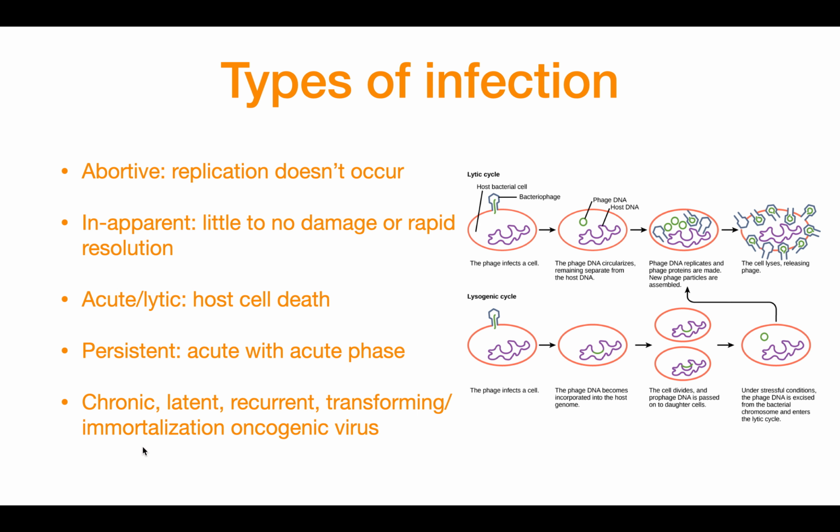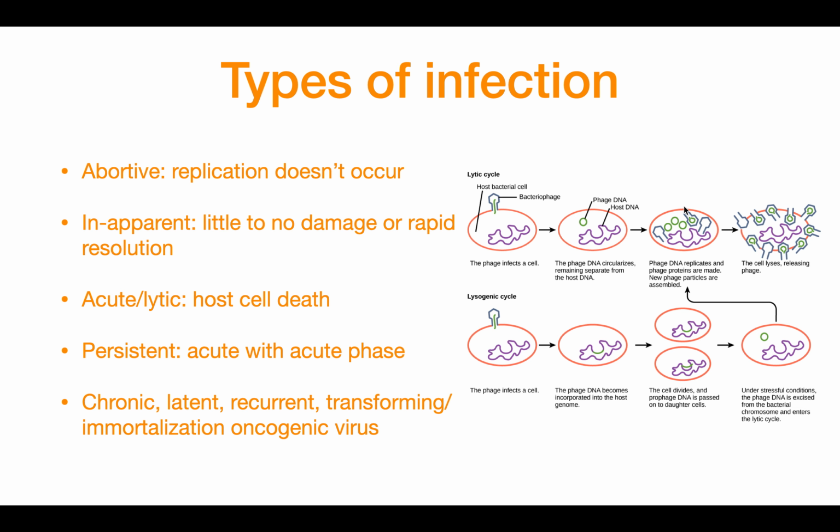or immortalization, oncogenic viruses. So in the lytic cycle, the bacteriophage, the virus, is going to infect a bacterial cell. It's going to make the bacterial cell replicate the viral genome and make the viral proteins.